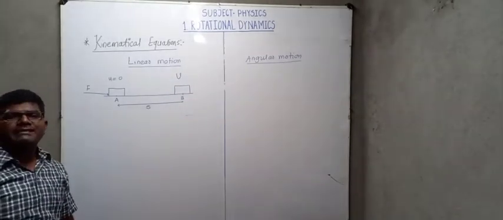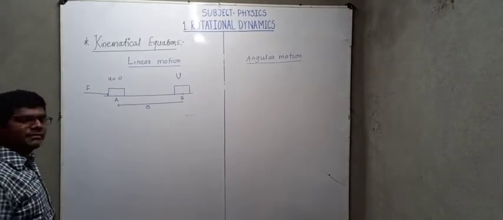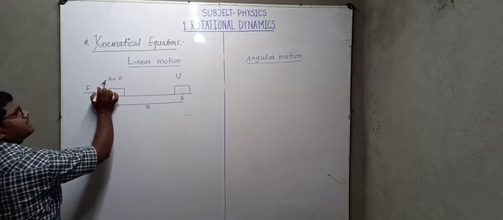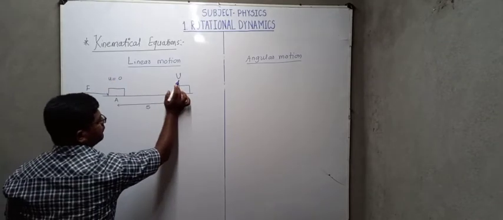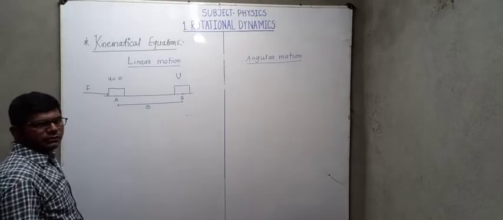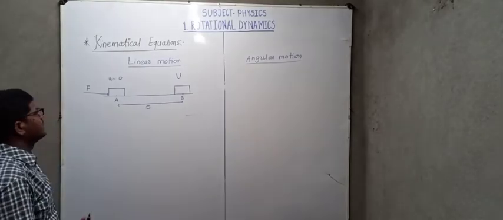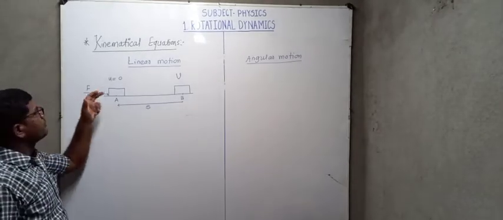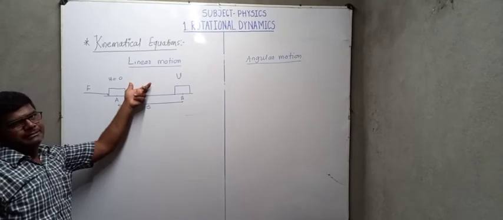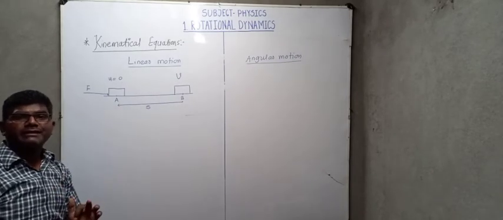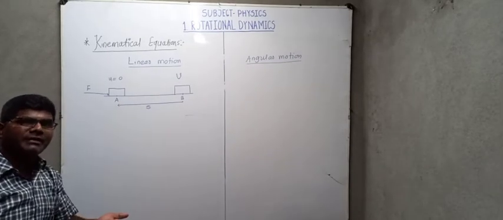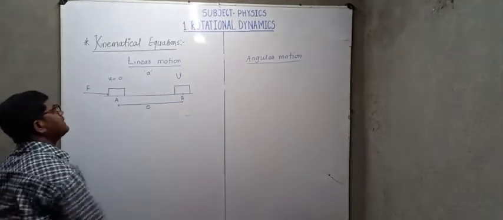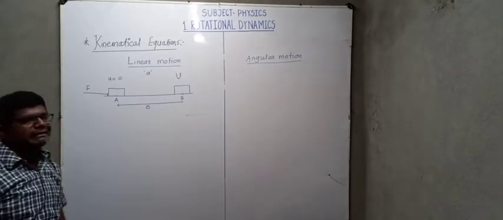We call this velocity the final velocity of the body after some time t. Here velocity is equal to 0, but here velocity is not equal to 0. That means due to this external unbalanced force, the velocity of the body changes, and as the velocity changes with respect to time, acceleration is produced. This acceleration is called linear acceleration and denoted by the symbol a.